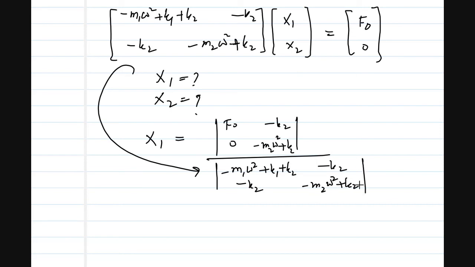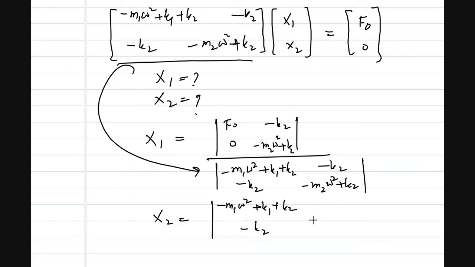So we have this matrix, and for x2, if you just replace the second column of this matrix by f naught, 0, it becomes minus m1 omega square plus k1 plus k2, minus k2, and the second column is f naught, 0, divided by the same matrix.